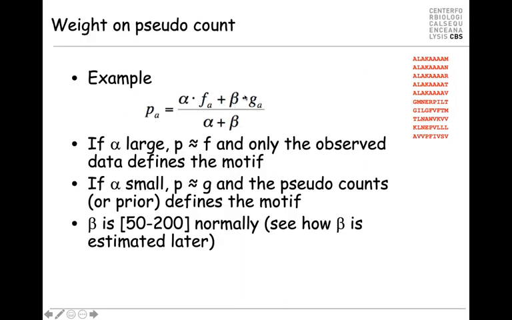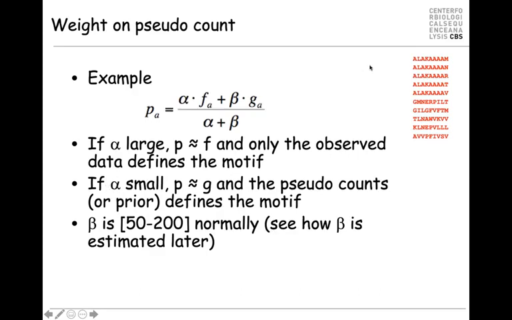So alpha is so much bigger than beta. You just ignore the term with beta, so you get that P becomes equal to F, right? So if you have a large data set, you don't really care about extrapolating and using pseudo counts because the data themselves tell you everything, right? And you can just use the raw counts to estimate your frequencies.